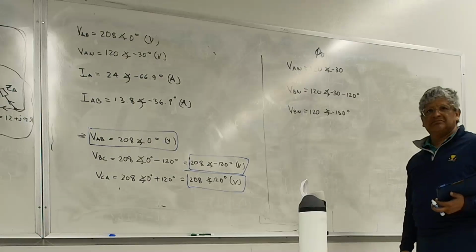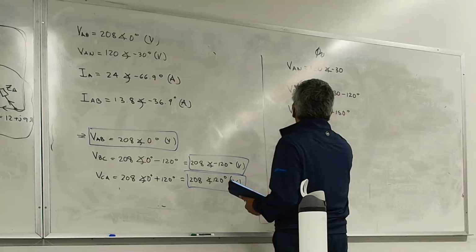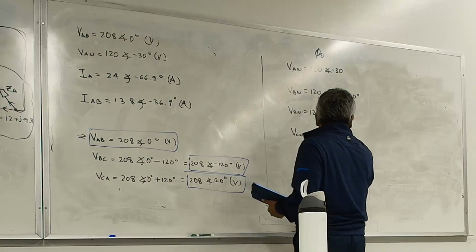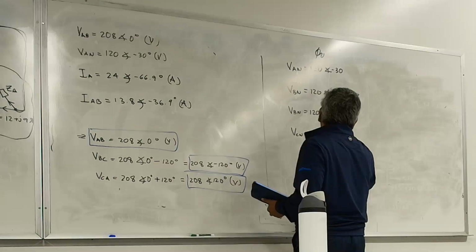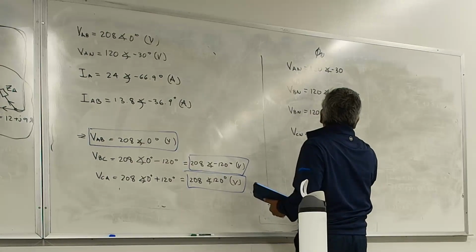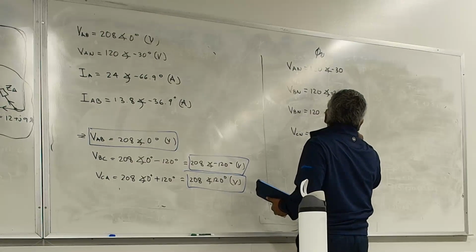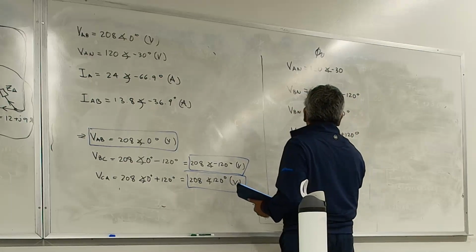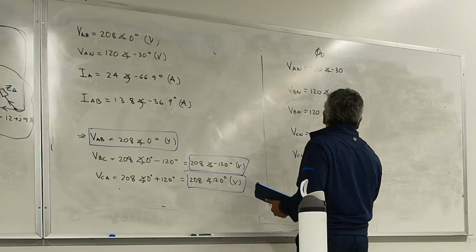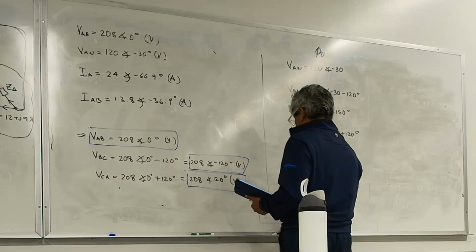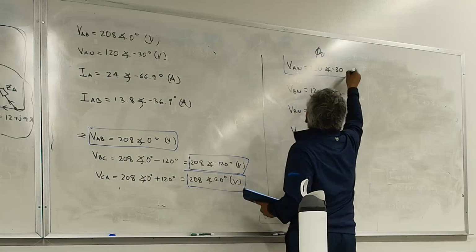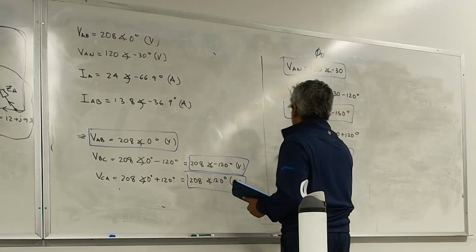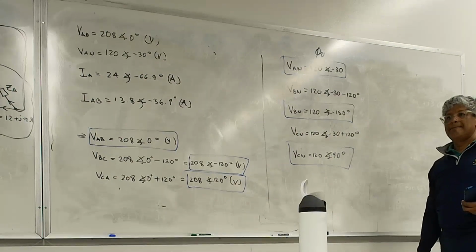For the last one, the 120 magnitude remains the same. I still have the phase angle, but I'm shifting it by 120 degrees, so V C to neutral is equal to 120 angle of 90 degrees. So now I have A, B, and C. Everybody okay with me? All right.